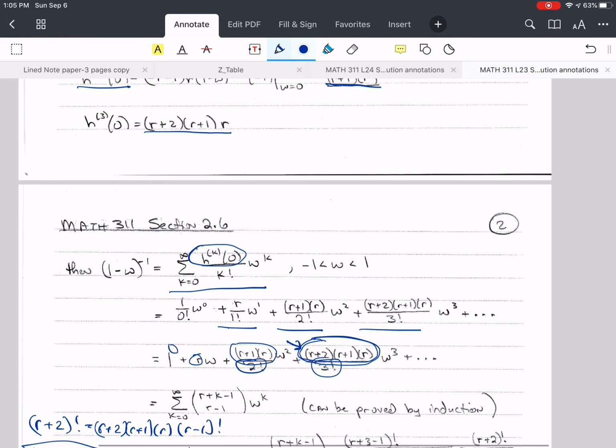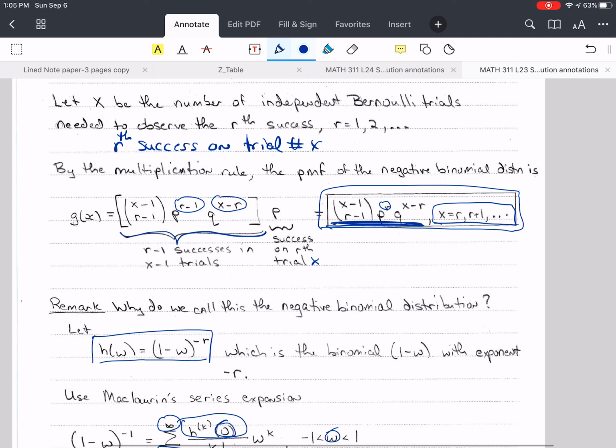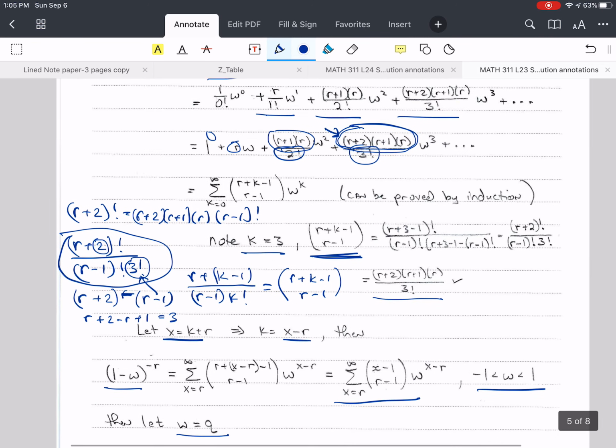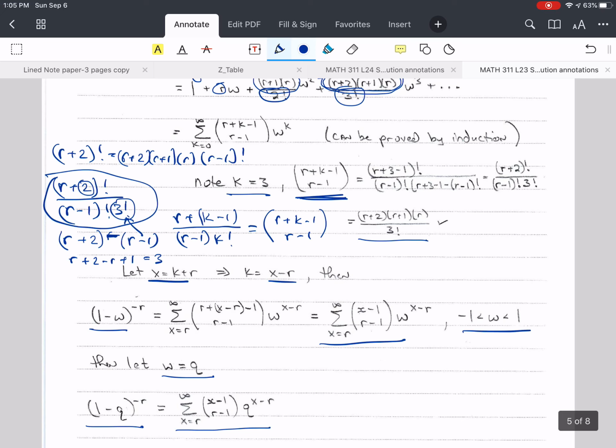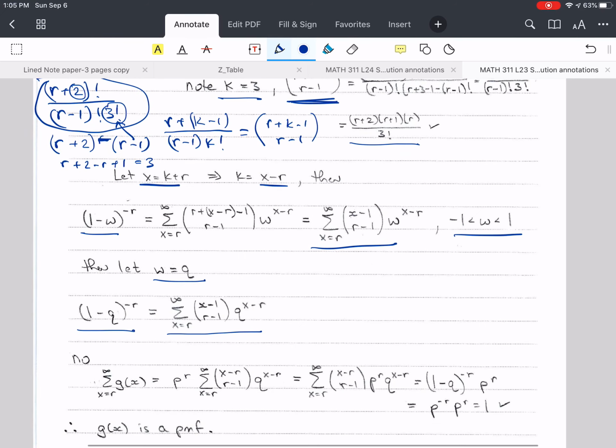Our PMF, if you remember, if we go back here, our PMF has this, and this, and we're missing the p to the r. Well, p to the r doesn't have anything to do with k, and so to get our PMF, we can multiply by p to the r, and of course we can bring it inside the summation here, and now we have the sum of our PMF from x equals r to infinity.